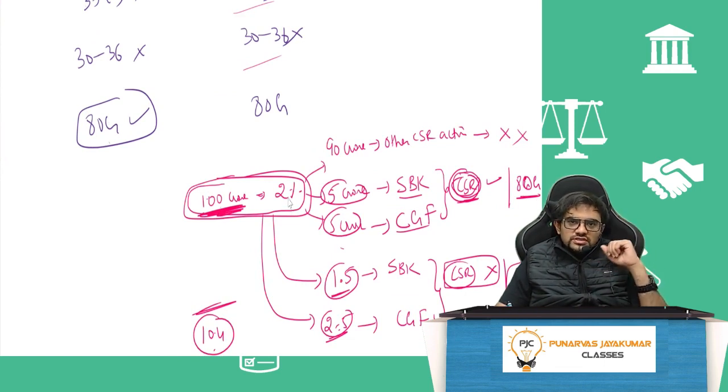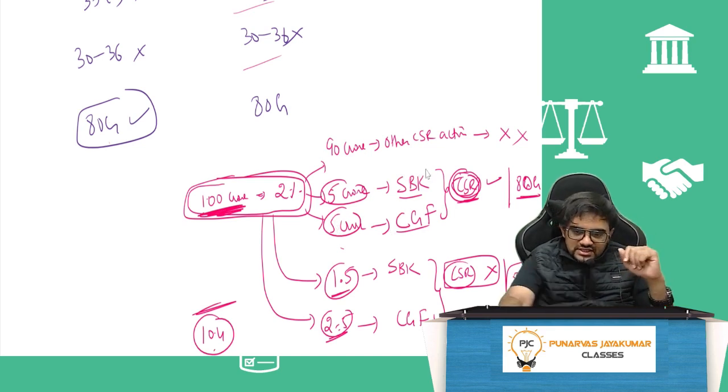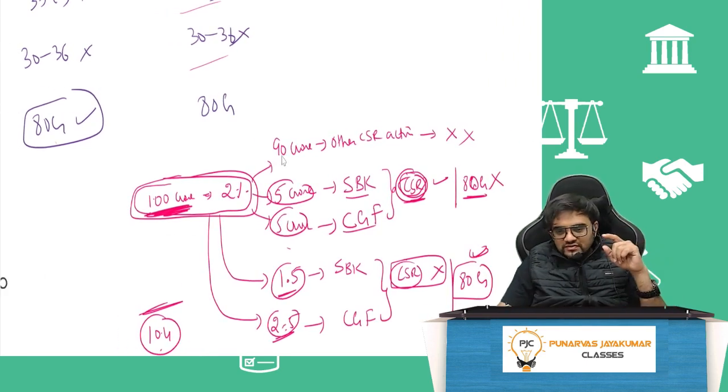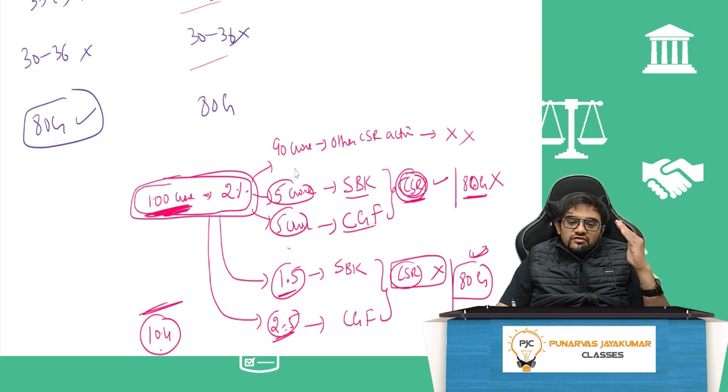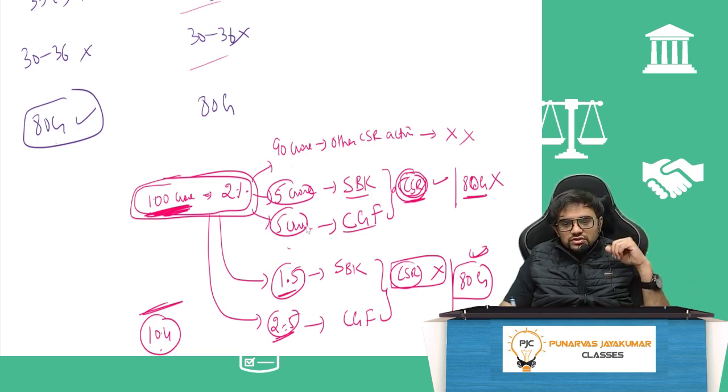My profit is so much, of which 2% is represented by 100 crore. 90 crore I will use for other CSR activity, that you leave. 5 crore I will use for Swachh Bharat Kosh and 5 crore for Clean Ganga Fund. Is it part of CSR? Yes. Since it is part of CSR, it is part of that 100 crore. 90 crore I use for other things, 5 crore for Swachh Bharat Kosh, 5 crore for Clean Ganga Fund. These two I have used already.